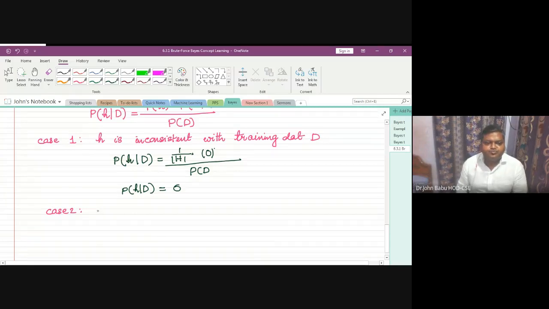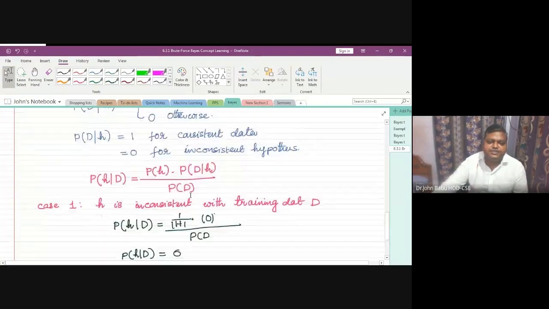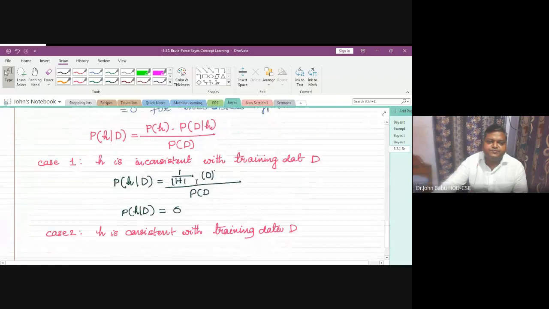Case 2, where H is consistent with training data D. What is the difference between these two cases?